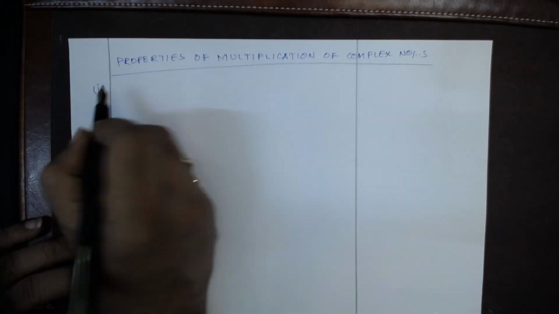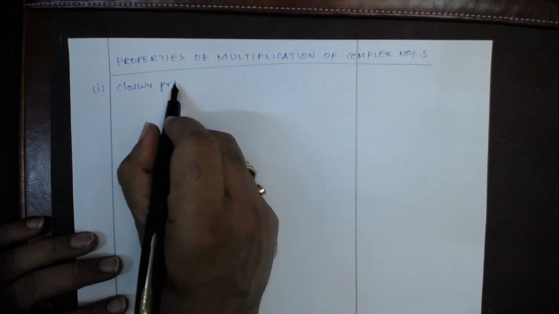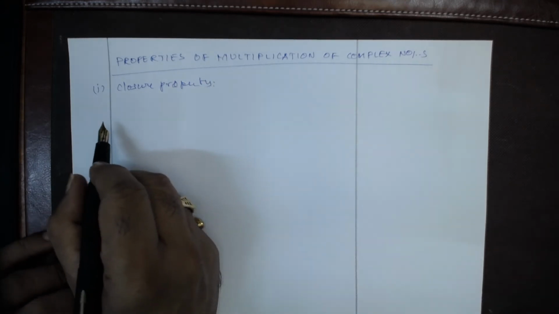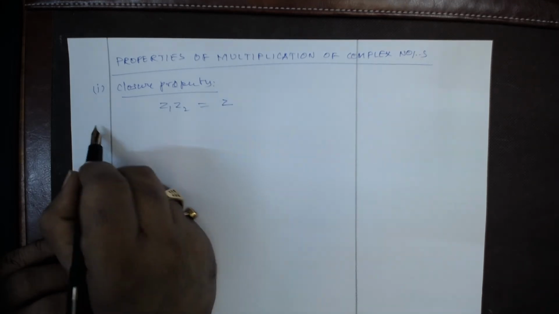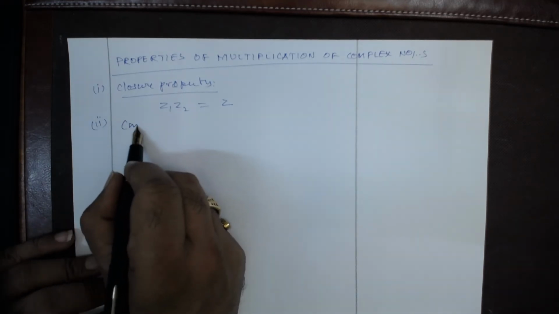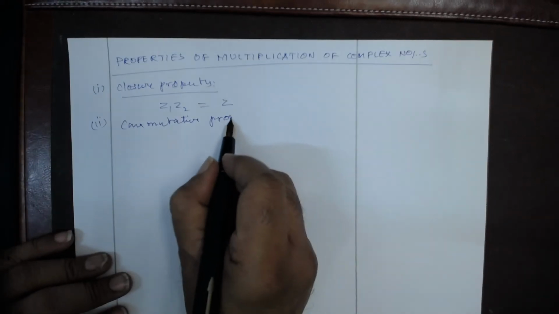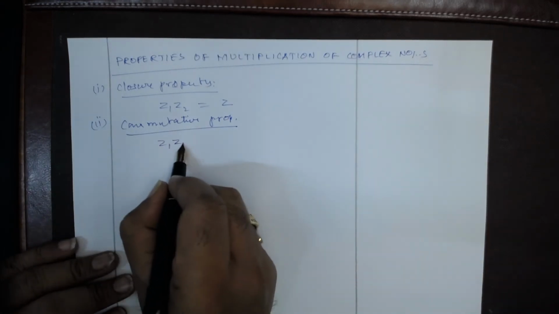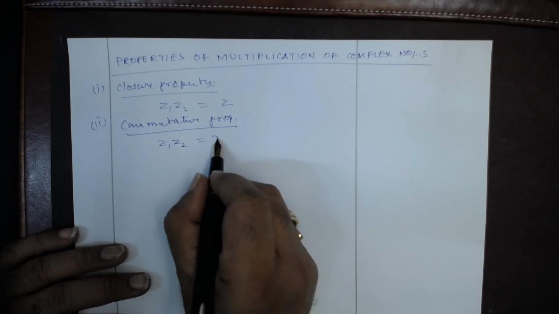Now, closure property: the product of two complex numbers results in a complex number. Commutative property: the product of two complex numbers gives the same result when they are interchanged.